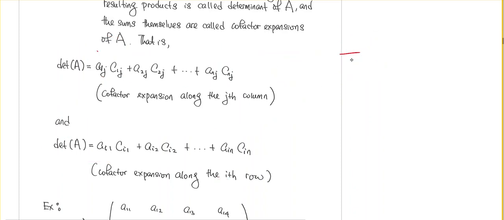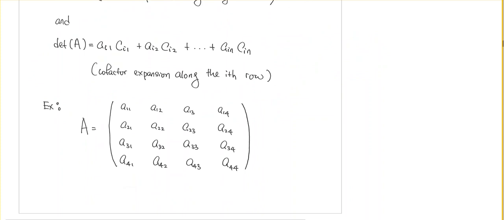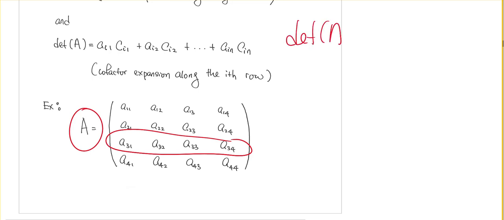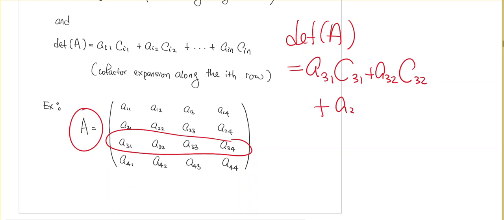So for example, that's a 4 by 4 matrix. How do we compute the determinant of A? Well, let's pick a row and expand along it. Let's take the third row. To find the determinant using the cofactor expansion on the third row, you take a31 times the cofactor C31, plus a32 times C32, plus a33 times C33, plus a34 times C34.